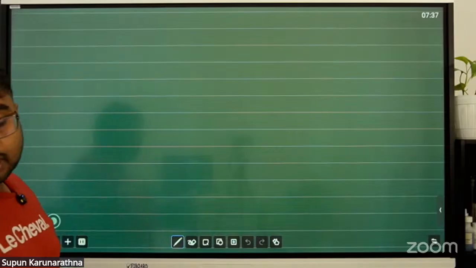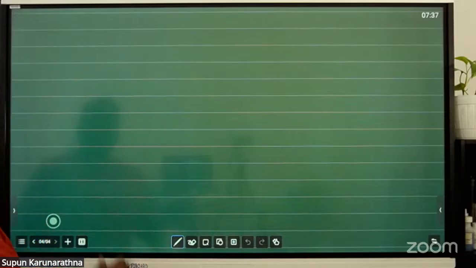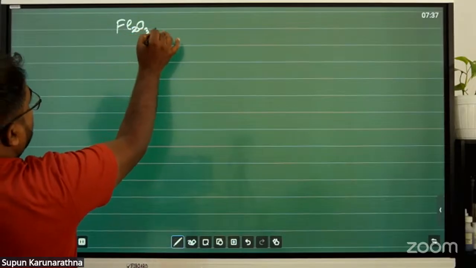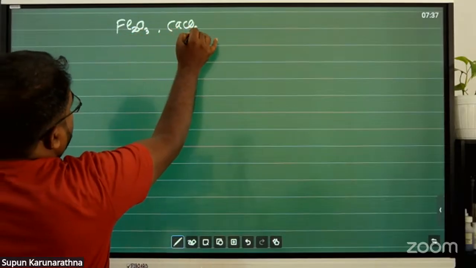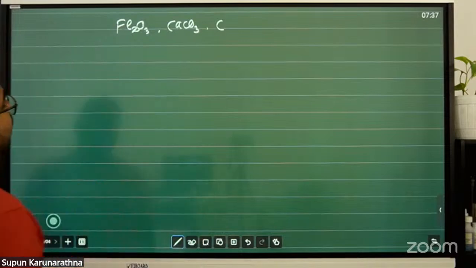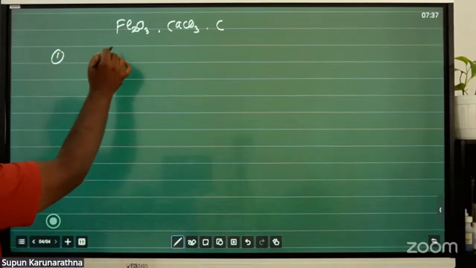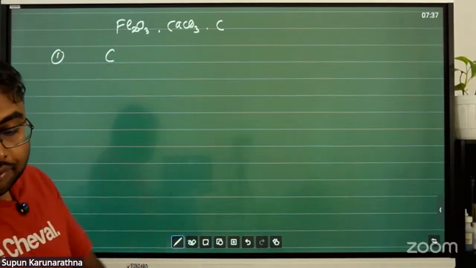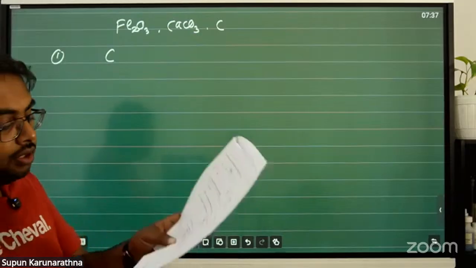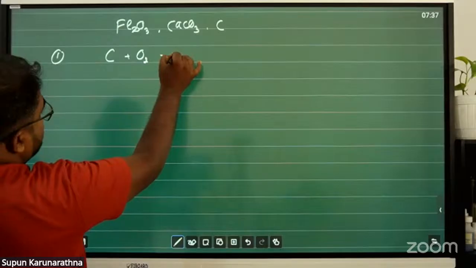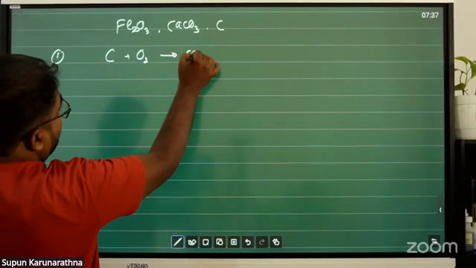Here you know the raw materials needed: Fe2O3, calcium carbonate, limestone and coal. In the first reaction, we want to write the balanced chemical equation. Carbon reacts with oxygen inside the blast furnace and produces carbon dioxide.